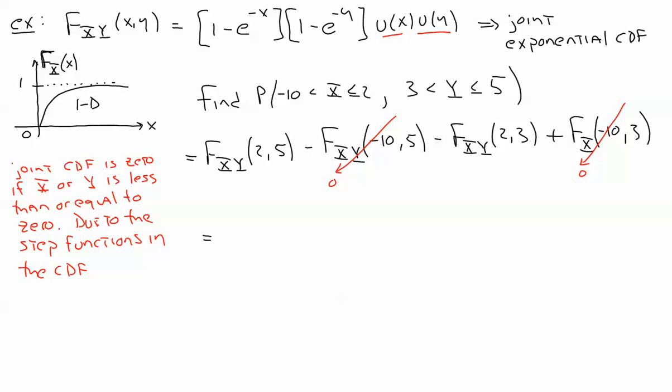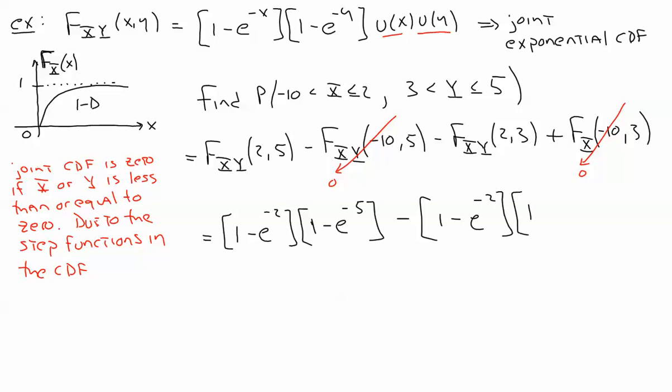Continuing with the evaluation, we get 1 minus e to the minus 2 times 1 minus e to the minus 5 minus 1 minus e to the minus 2 times 1 minus e to the minus 3.